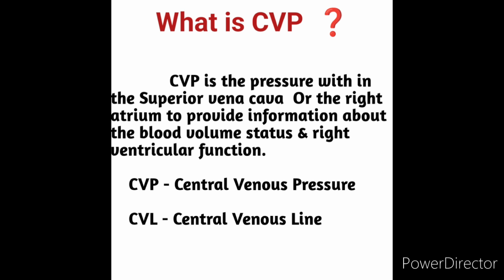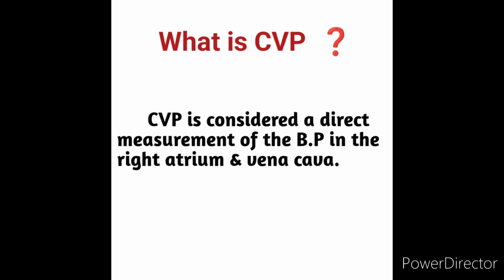It is determined by the interaction between cardiac function and venous return. CVP is considered a direct measurement of pressure in the right atrium and vena cava, and can be used to estimate preload and right atrial pressure.